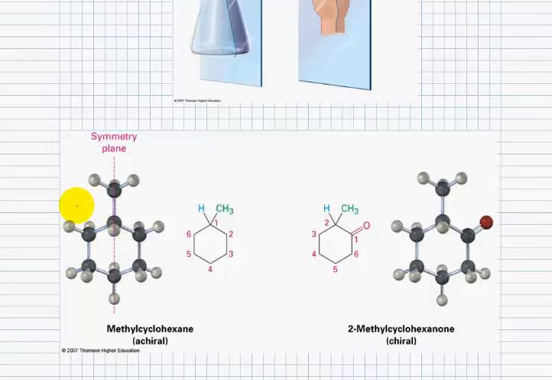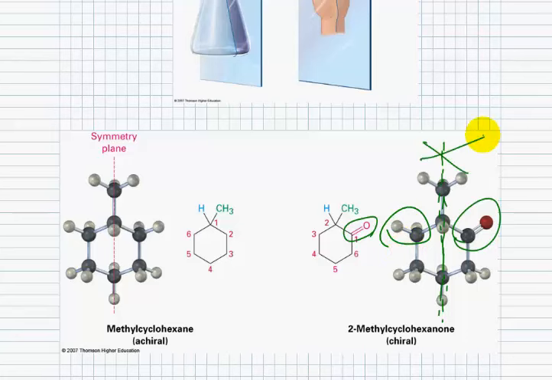If I do 2-methyl cyclohexanone, right, same molecule as before, but I put some functionality on one of the sides, like that, the mirror plane that we drew for the last one is no longer valid because we have two different parts on either side of it. So there is no internal mirror plane in that molecule.